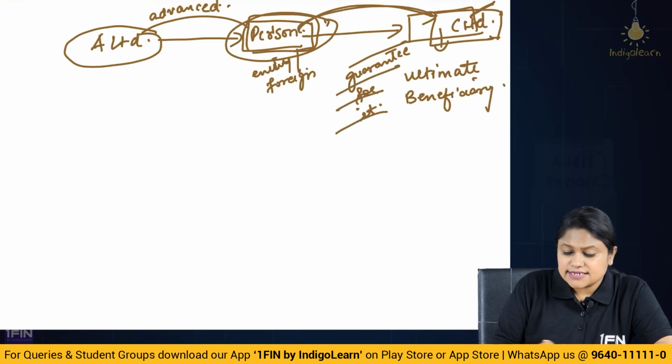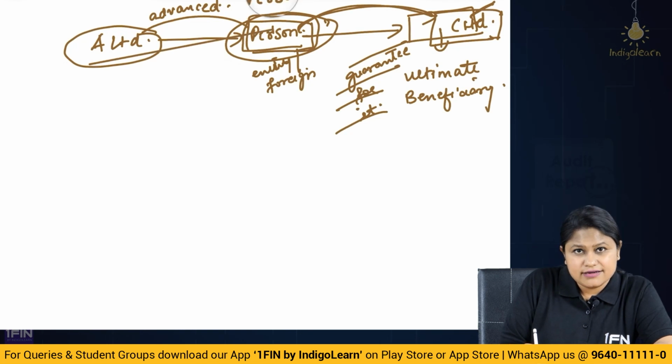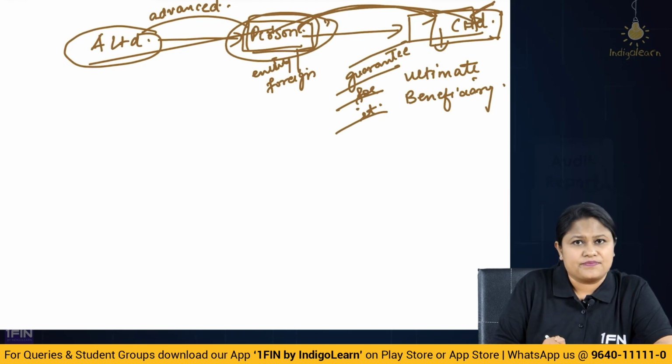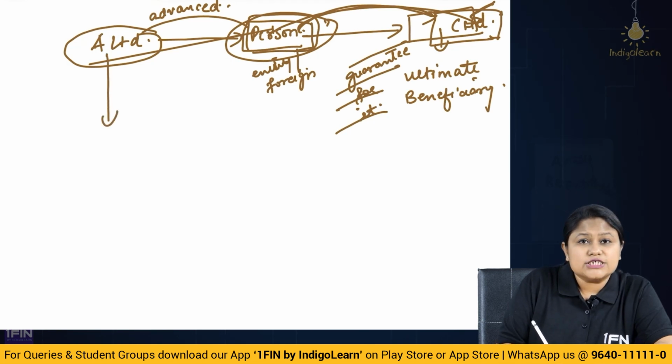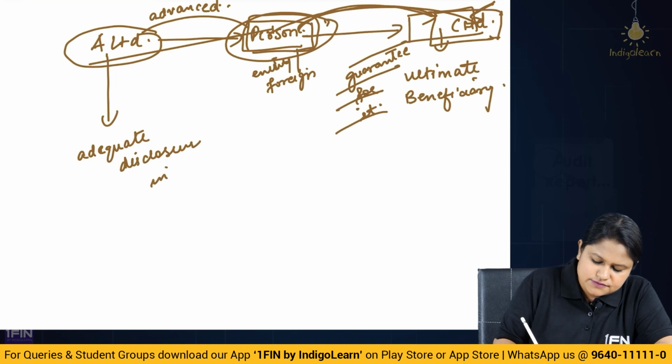Okay. Now this is a situation that we are discussing, where the company that we are auditing is A Limited. A Limited has advanced money to an intermediary, a middle person, with the understanding that this money has to be given to the ultimate beneficiary. Correct? Now, if this particular situation is present, then A Limited has to give adequate disclosure in notes to accounts.